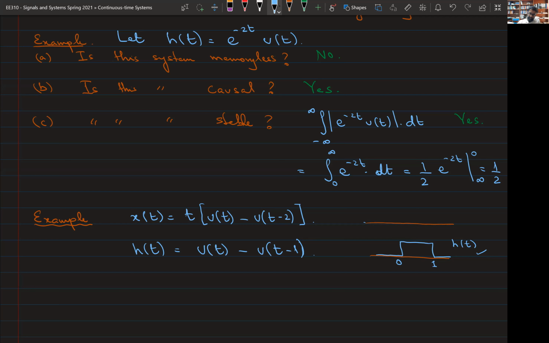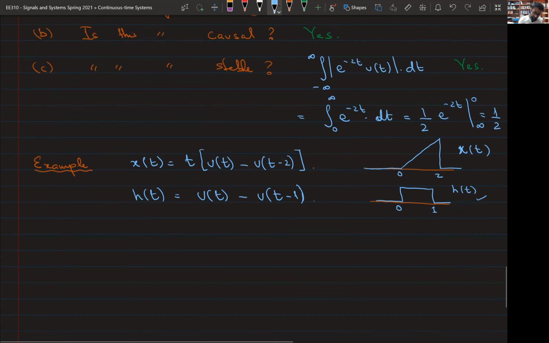So it would be 0 here, and this is 0, and this is 2, right? So this would be x of t, right? One way I could do this is just use this flip and shift, dividing into cases, that we've already done. But what I want to do here is to use the distributive property and some commutative property to illustrate here. That's also one of the ways you could do it, right?